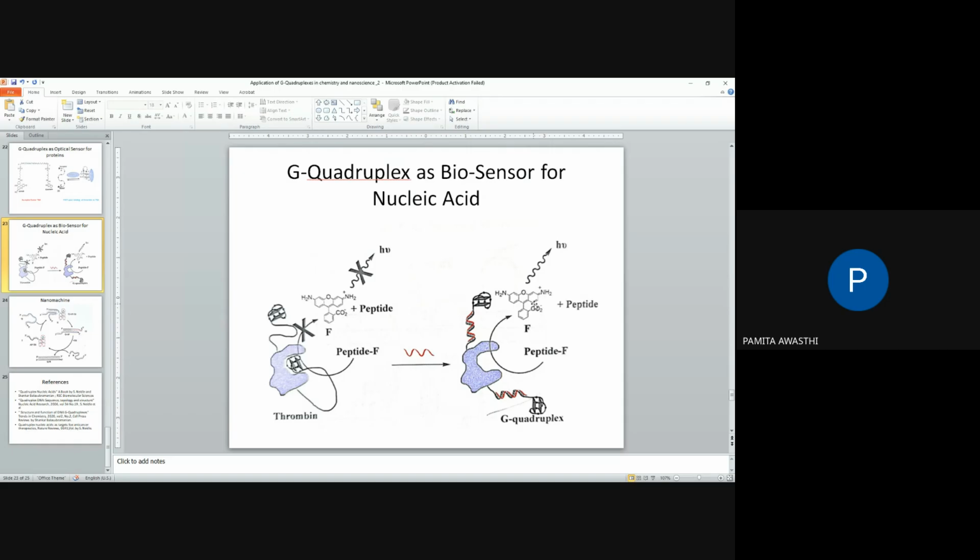So hydrolysis of this fluorophore labeled peptide results in a detectable optical signal. So this is the way we confirm that this whole probe acts as a biosensor for the nucleic acid.